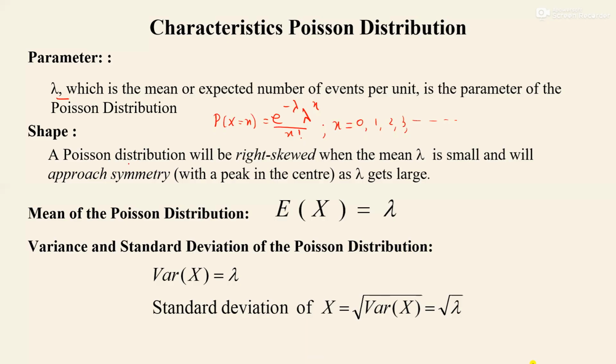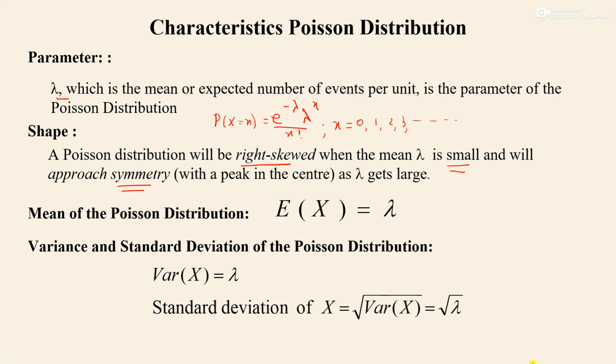Looking at the Poisson shape, it is right skewed when the mean, the expected value lambda, is small. But when lambda gets large, it approaches symmetrical with a peak in the center. For the binomial, right skewed and left skewed are both possible, and when p is equal to 0.5, it is symmetrical.